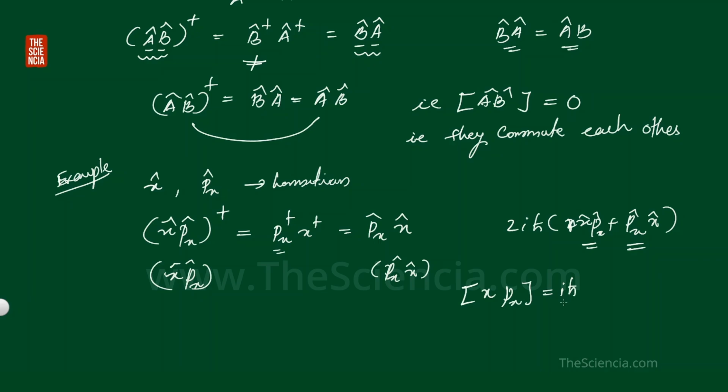It is not equal to 0. Okay, they do not commute each other. So the product of these two operators is not a Hermitian operator, and the product of any operators will be a Hermitian operator only if the commutator of them is equal to 0.